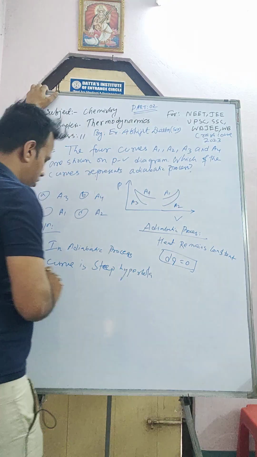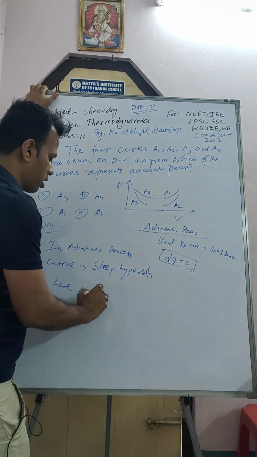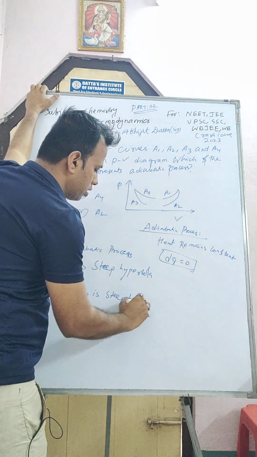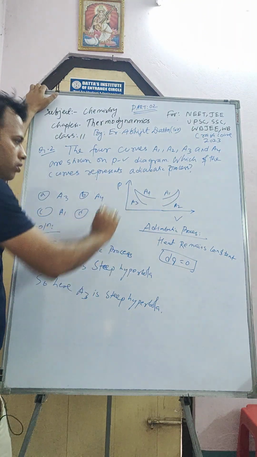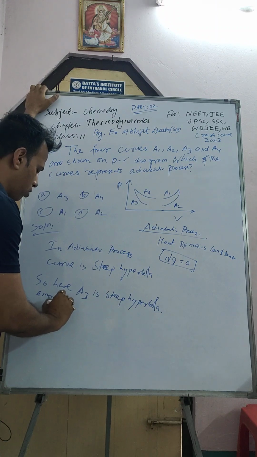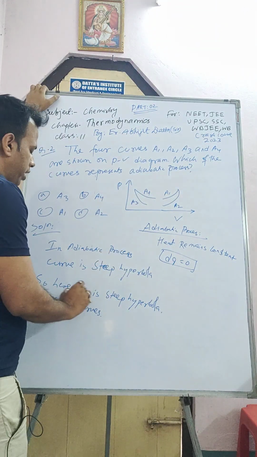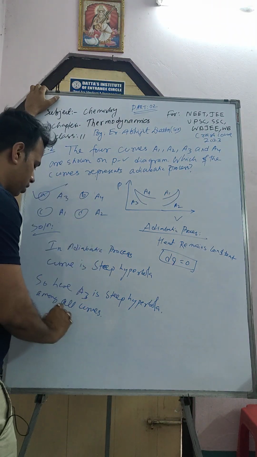So here A3 is correct. A3 is steep hyperbola among all curves. Okay, so A3 is steep hyperbola. So which option is correct? Option A is the correct answer. So option A is the correct answer.